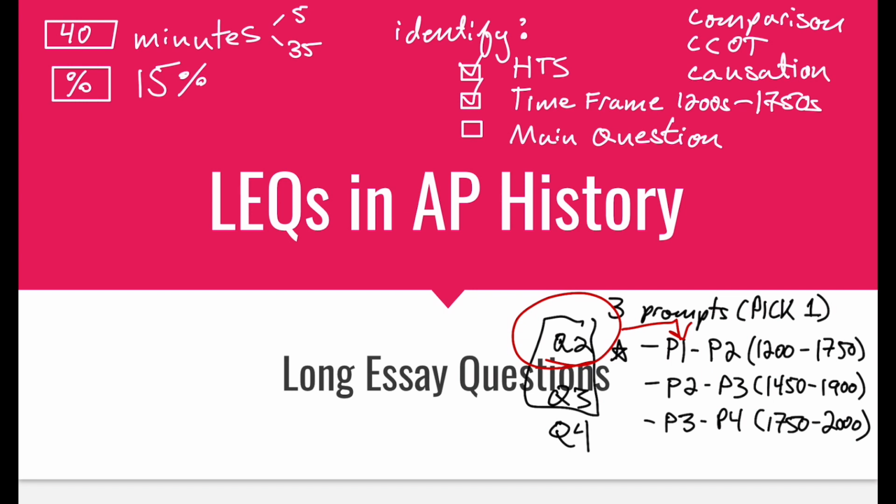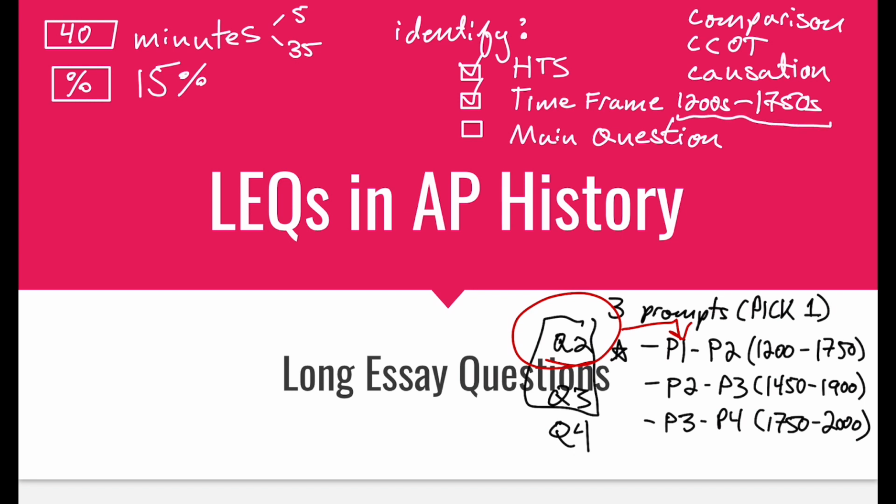Okay, so if it talks about state building or empire building during this time frame, you won't want to go and talk about the American Revolution and then eventually Teddy Roosevelt and his views on imperialism. That would be outside of the time frame. You've got to stick within 1200s to 1750s.